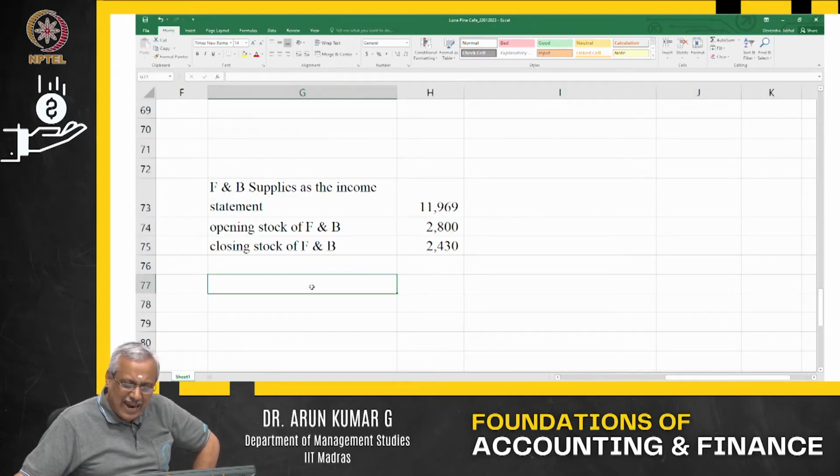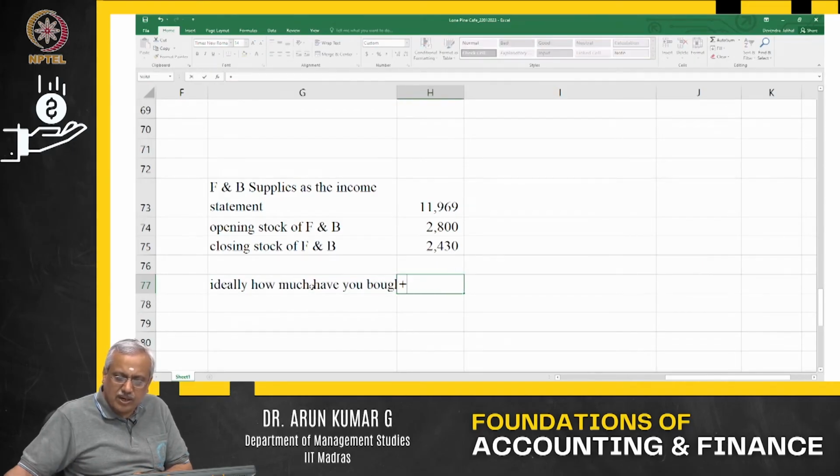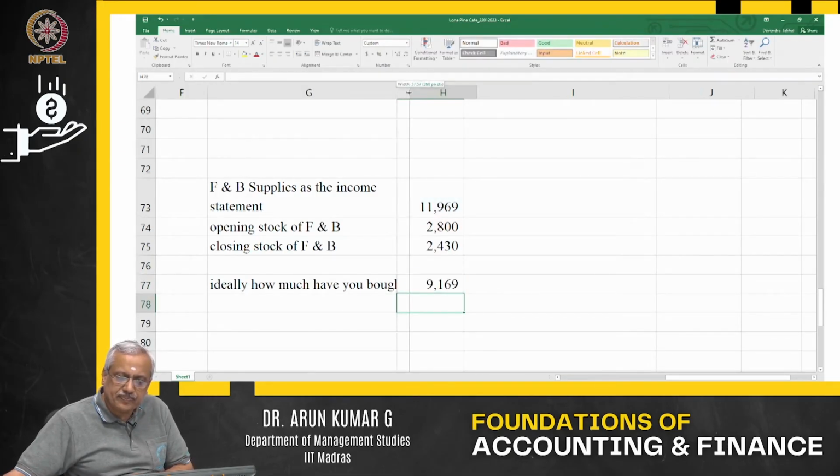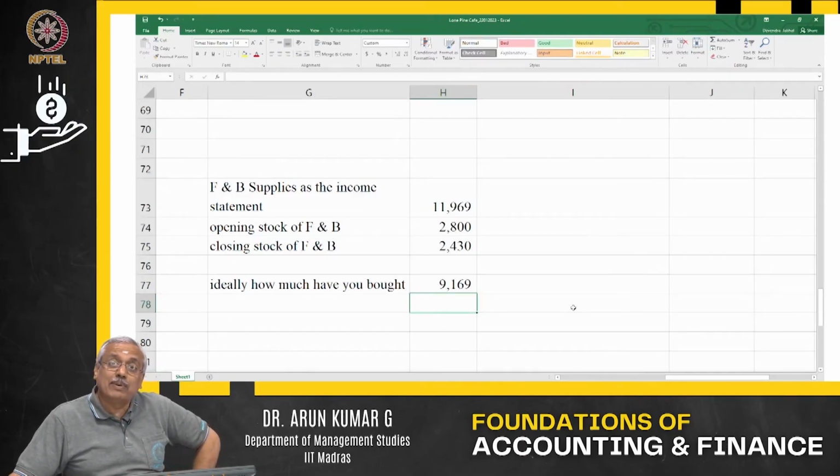So that means ideally, how much have you bought out of the amount of stock that you have utilized? Out of this, these are the opening stock. So how much you have bought, what you have utilized. This is the amount of stock that you have ideally purchased for what you have utilized.